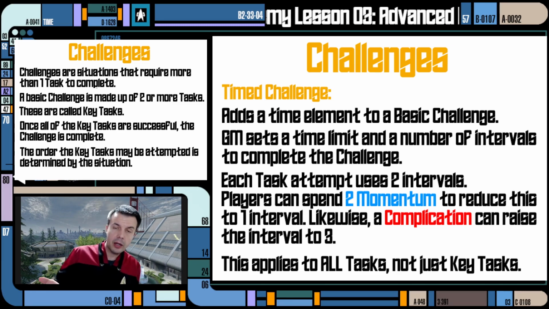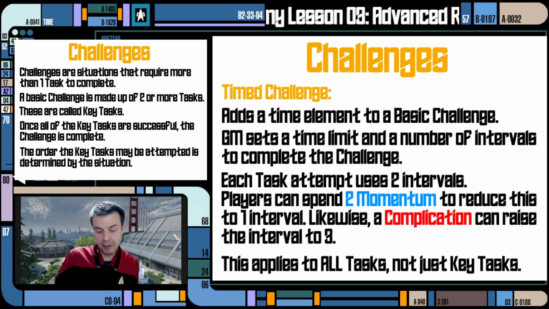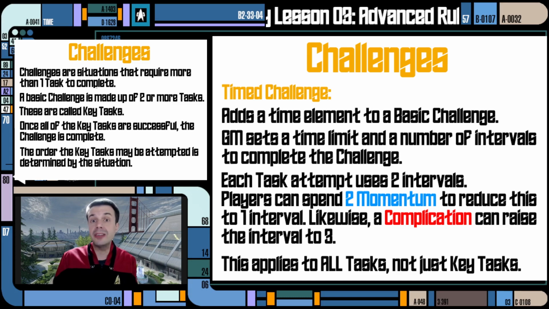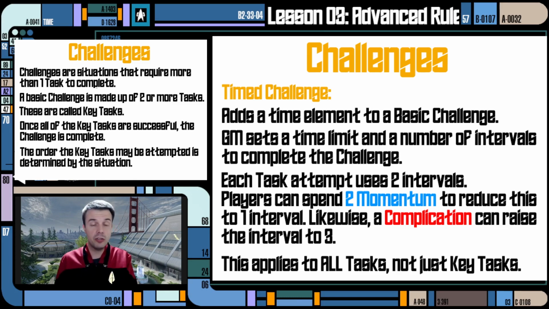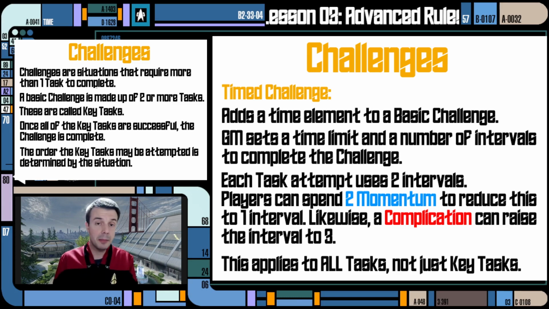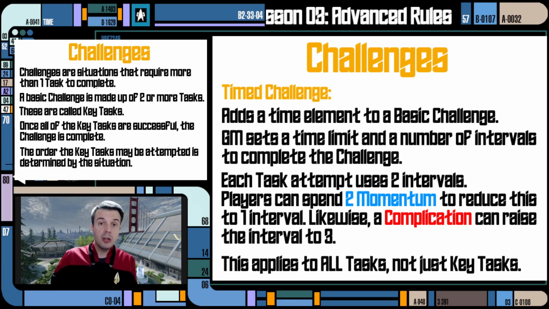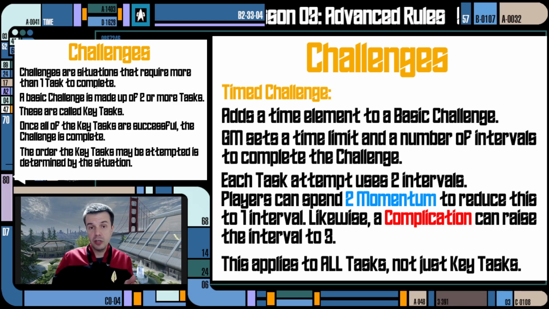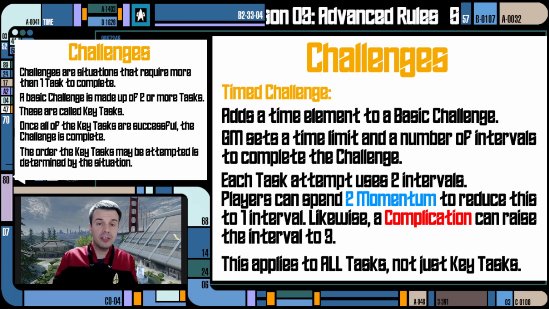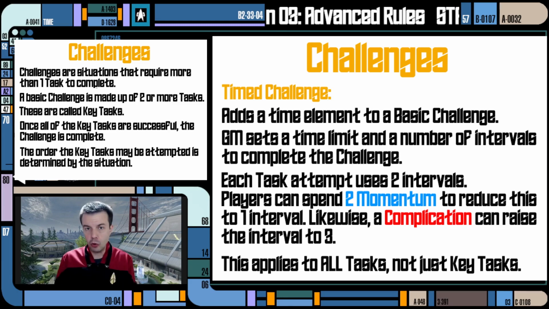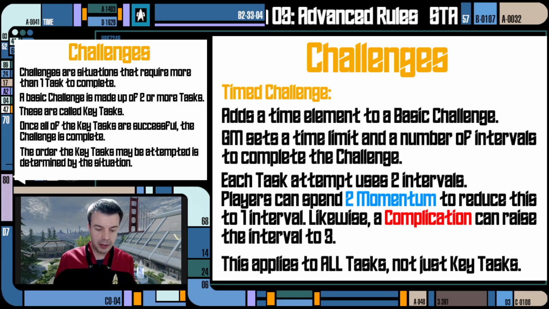So, for example, you could have this challenge where you only have 10 minutes to complete it. So the GM sets a 10-minute time limit, and he breaks it into 1-minute intervals. So there are 10 intervals of 1 minute each for this task to get done in 10 minutes total before you fail automatically.